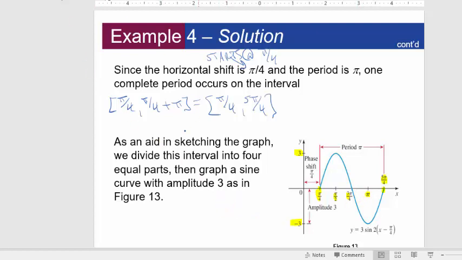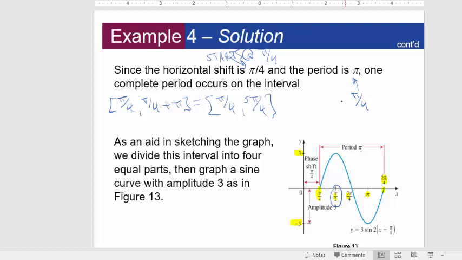Since you started at pi over 4 and the period is pi, you break the period into quarters. Each of these quarter points is going to lie pi over 4 past the previous one. So we're going to have a point at pi over 4 plus pi over 4, which is pi over 2.